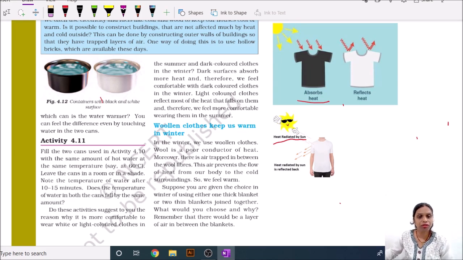You will feel that the water in the black coated container is warmer than in the white container. It shows that the radiation of the sun is absorbed more by black color than by white. That's why we prefer black color clothes in winter season, whereas light color clothes in summer season.